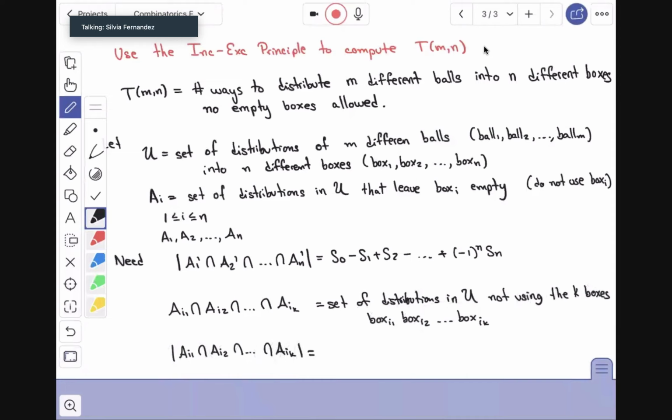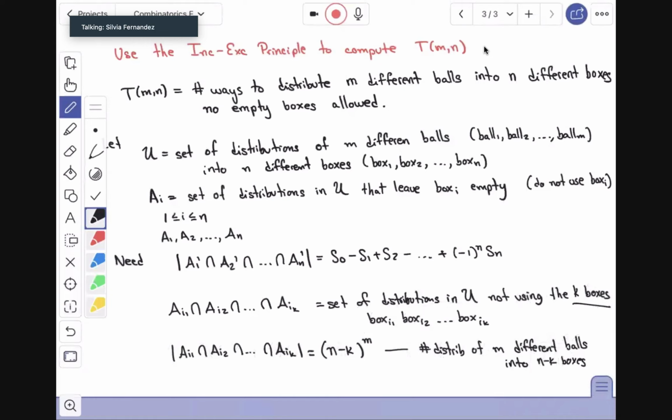And so the cardinality of this is, now I have n minus k boxes. I'm not using those k, but I can use all the others with no restrictions, and I have n balls. So these are the number of distributions of n balls into n minus k boxes, no restrictions, right?